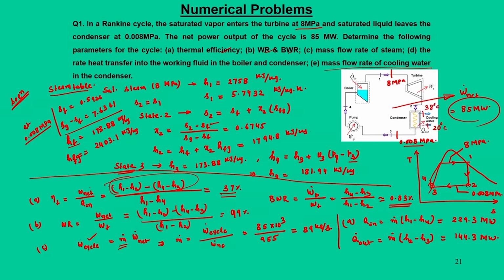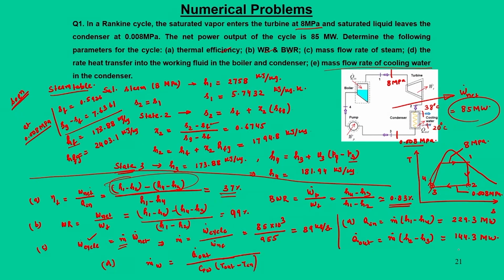Now, with these things we require the cooling water requirement. So, m dot W we can write as Q dot out divided by CPW, specific heat of water, into delta T, that is T out minus T in.